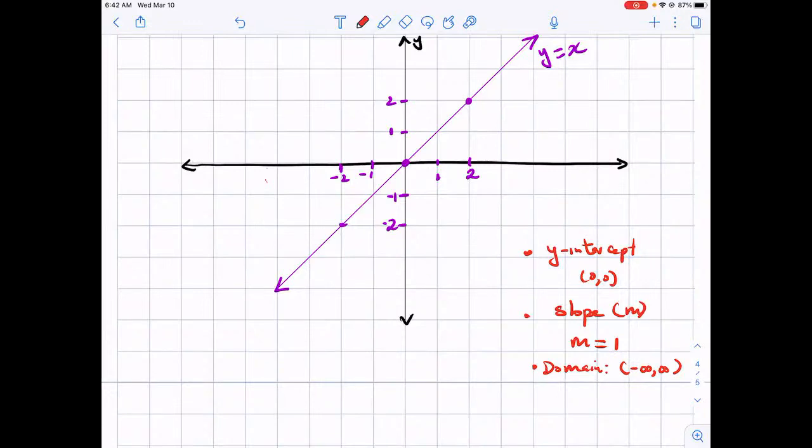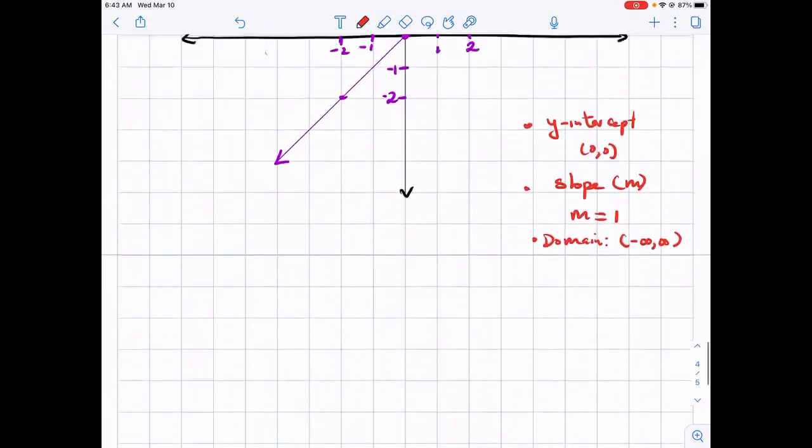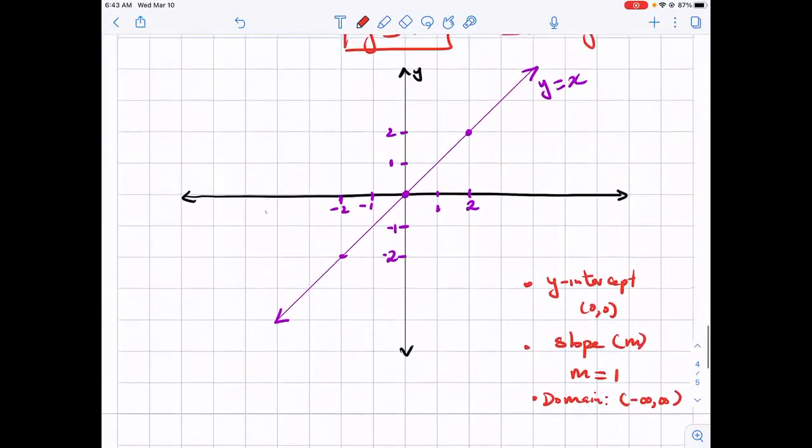Now, let's make a note of that. The domain is -infinity to infinity, and the range is also -infinity to infinity.